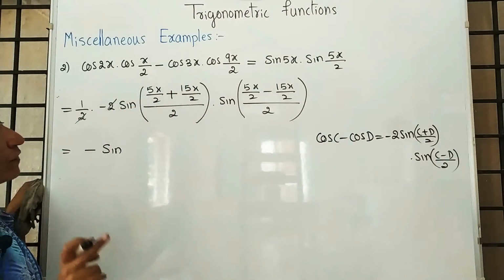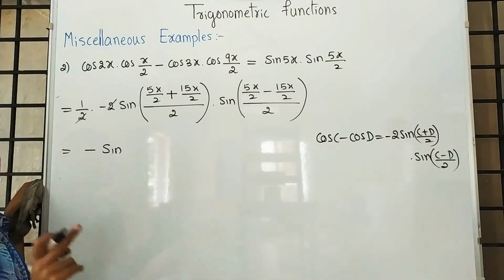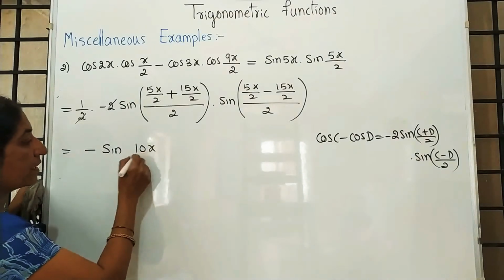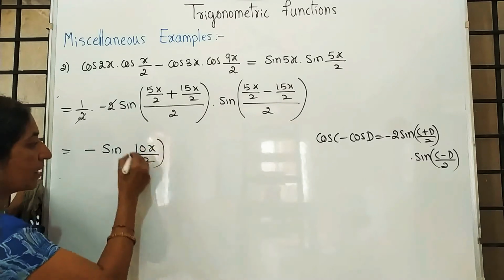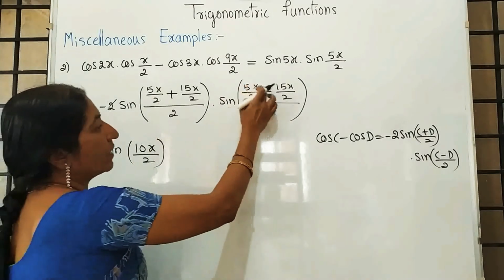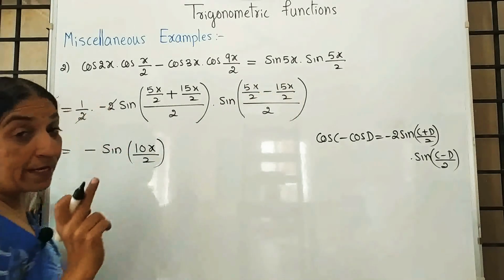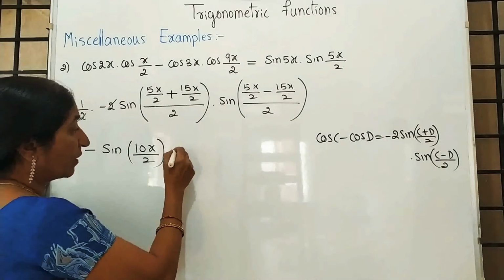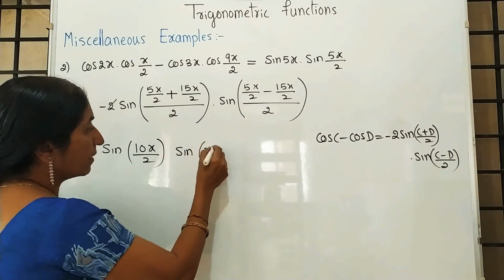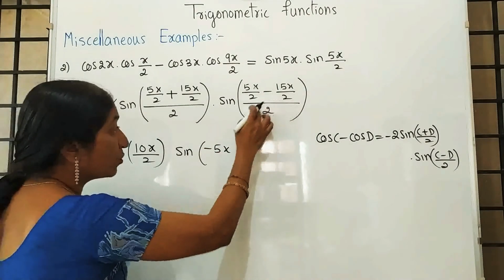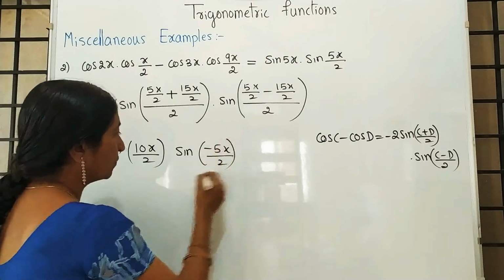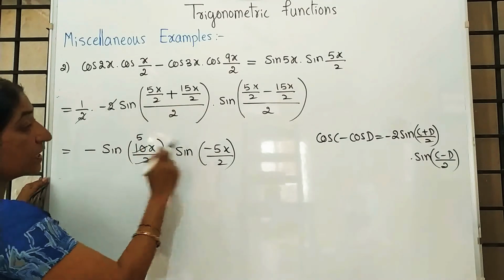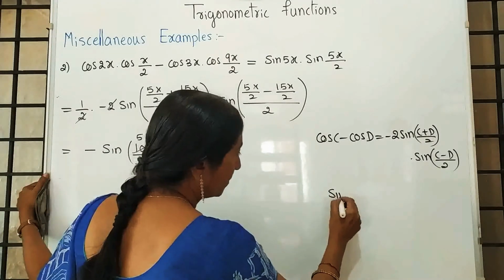Minus sin of 5x/2 plus 15x/2. LCM is 2. 5 plus 15 is 20. 20 divided by 2 is 10. 10x upon 2. This 2 I kept as it is. Next, 5x minus 15x is minus 10x. Minus 10 upon 2 is minus 5x. Sin minus 5x, and this 2. What is the sin of minus theta?